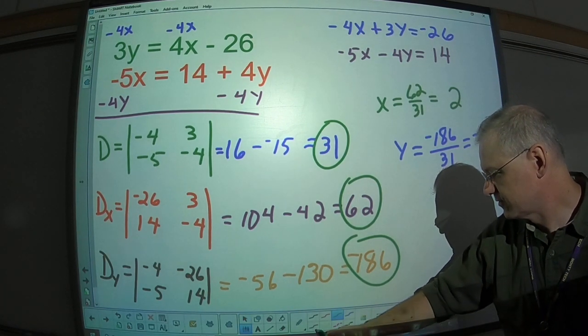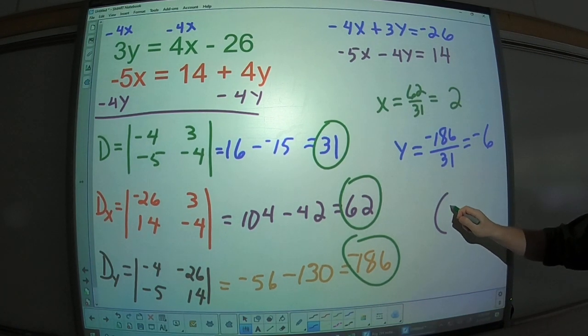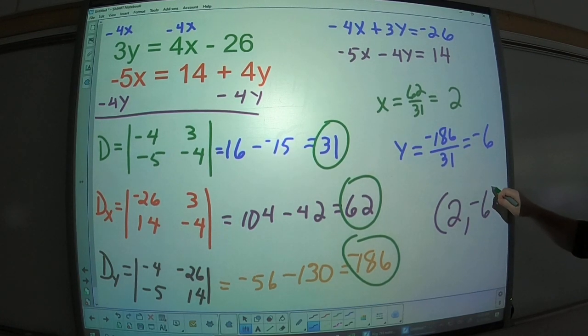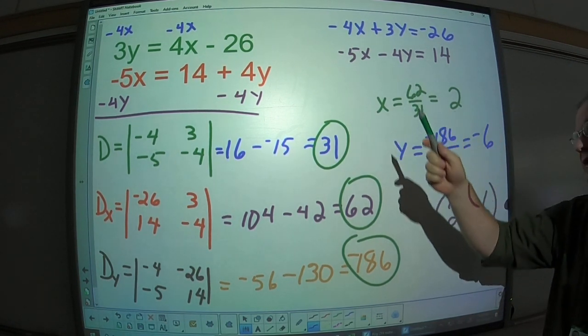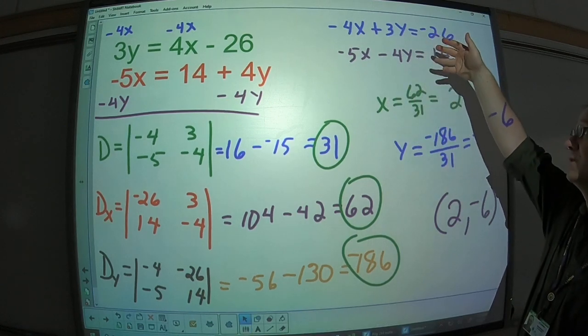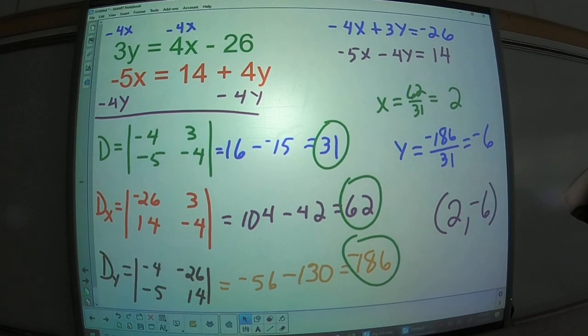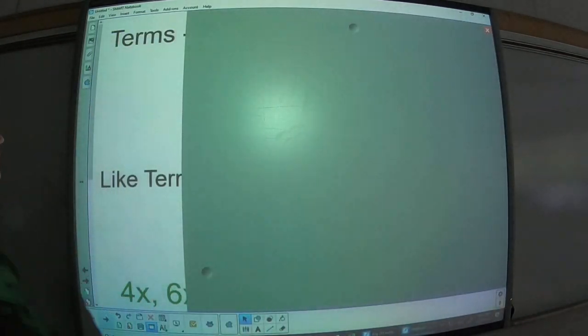So our final answer here is 2, negative 6. Again, plug them back into the original, not your adjusted one, but the original, and check to make sure that it all works out. All right, let's continue.